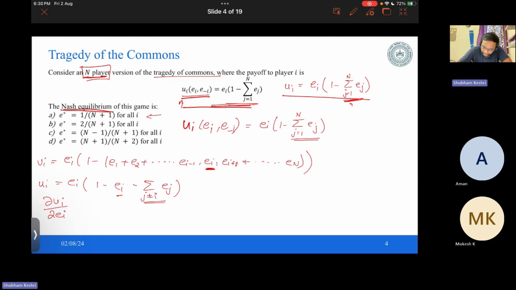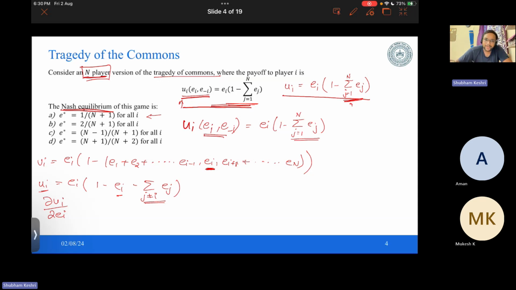Because this utility is a function of the effort of all the players. So you cannot write d. We are partially differentiating this utility. All right. If you have doubt why we are partially differentiating it, we can discuss this. Otherwise, we'll proceed because this is the concept which is taught in differential calculus.